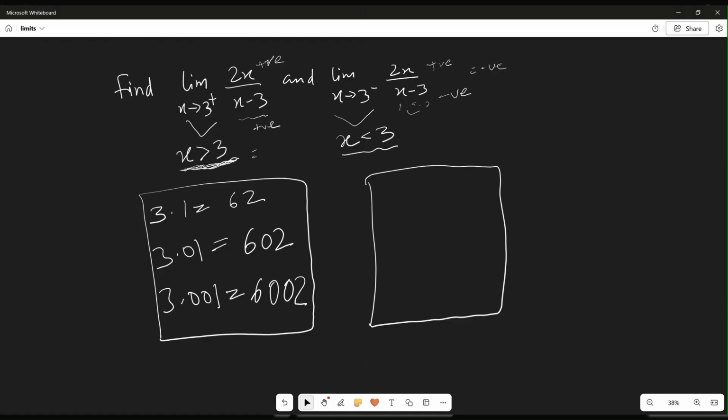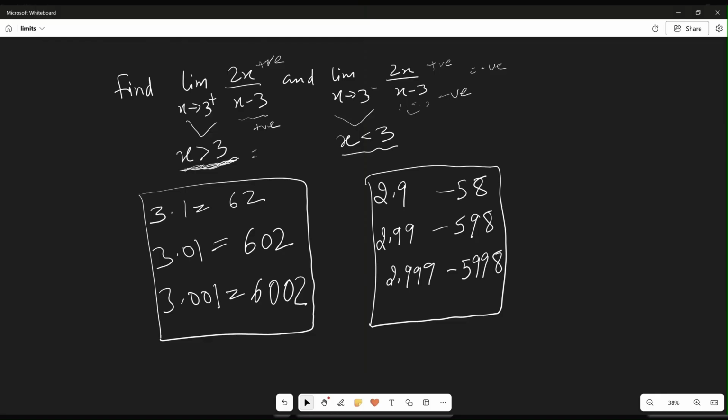Okay, so let's just plug in some numbers closest to 3 but less than 3, right? So maybe at 2.9, the limit for this function seems to be negative 58. At 2.99, it's negative 598. At 2.999, it's negative 5998.